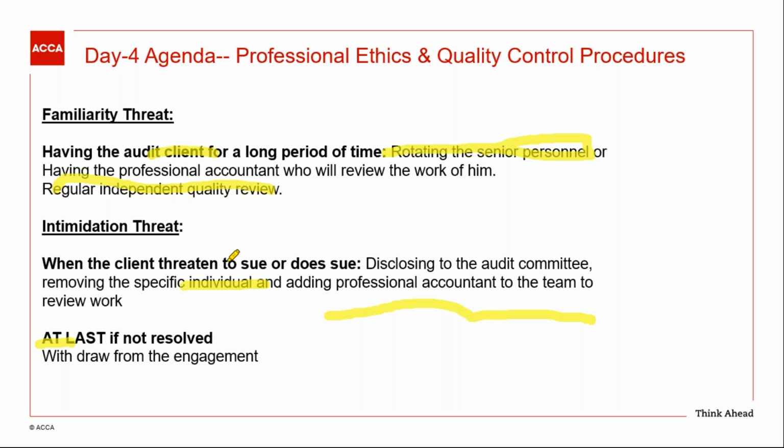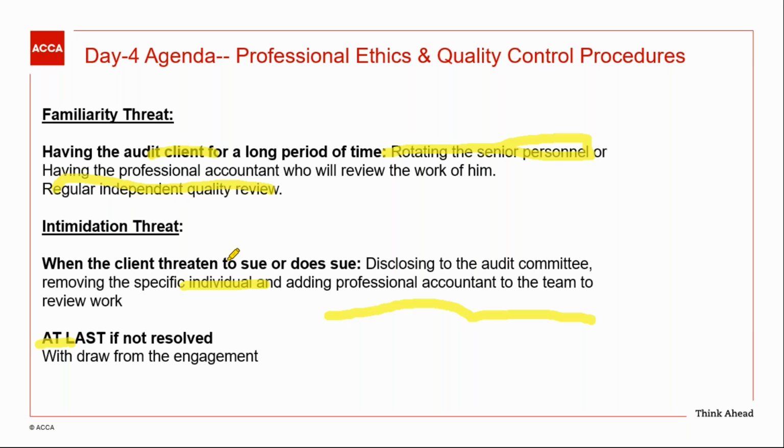For what reason? When the audit firm has identified some issues, at that time the client threatens to sue the auditor or pressurizes the auditor.